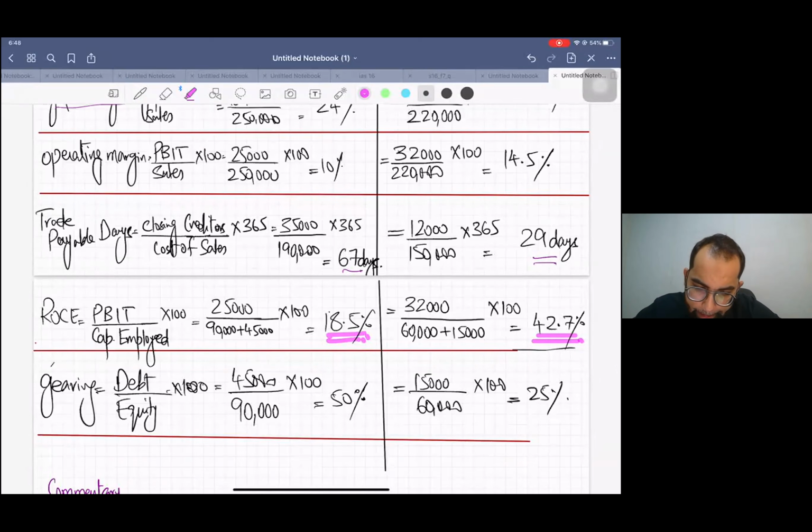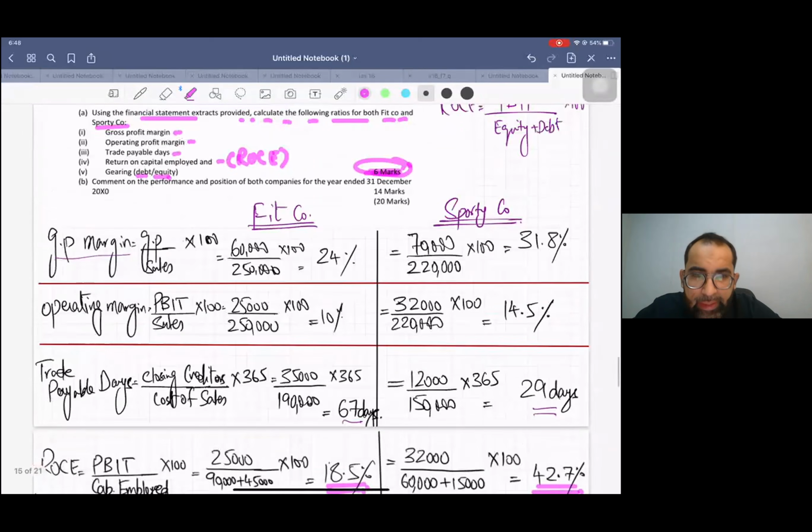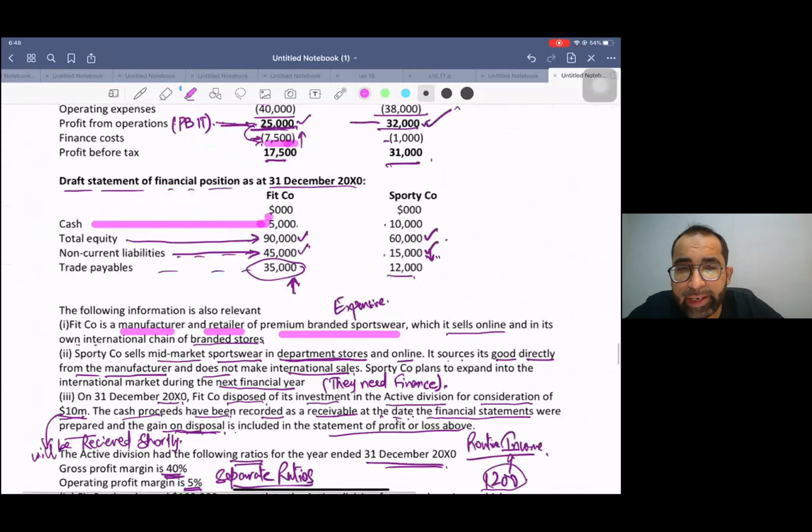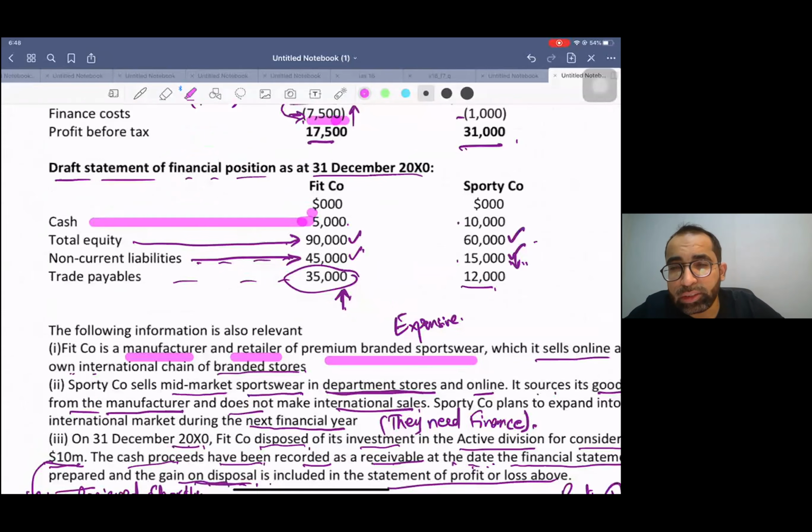Now, the last thing is gearing. In this question, the gearing formula is debt divided by equity into 100. For gearing, we need to calculate the debt equity ratio. And how do we calculate it? That is debt divided by equity into 100.